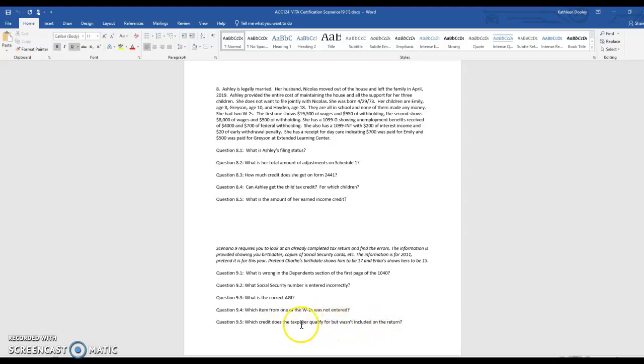We've also learned in class about education credits, such as the American Opportunity Credit and the Lifetime Learning Credit. So you could see if she qualifies for any of those credits before answering that question.